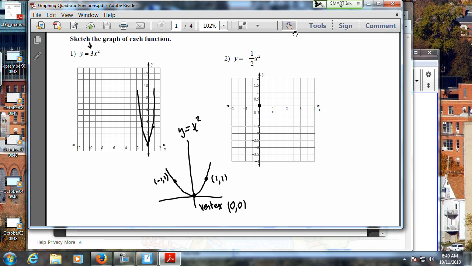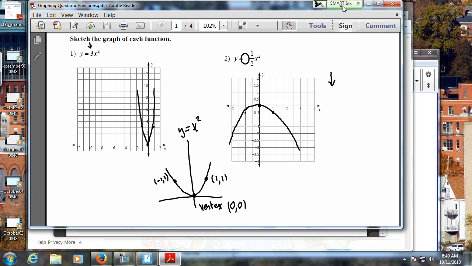So 1, minus 1/2. So it's a shallower parabola, something that opens that way. But the characteristics that you might note is that it opens down because of this negative coefficient, and it has a vertex at the origin. So there's that one. Those couple.